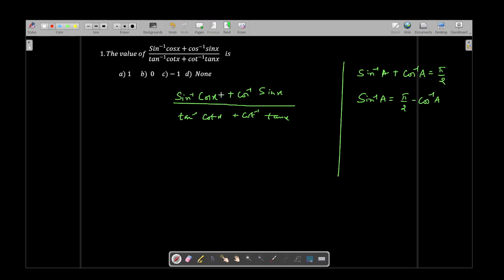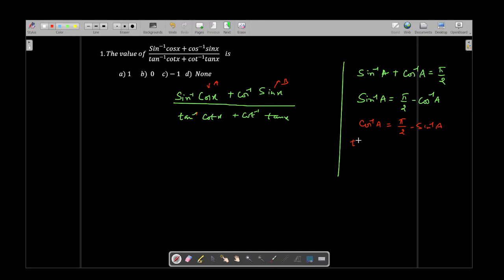So here we can take this as a and this as b. Similarly, for cos inverse also I can write cos inverse of a equals pi by 2 minus sine inverse of a.